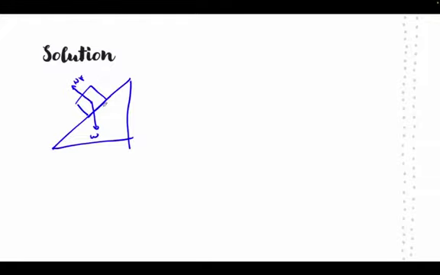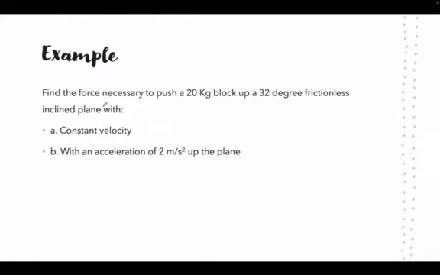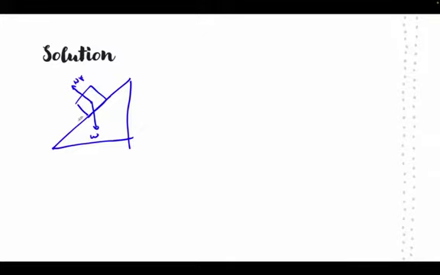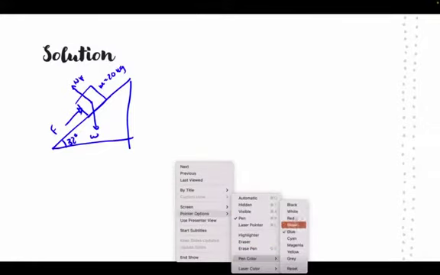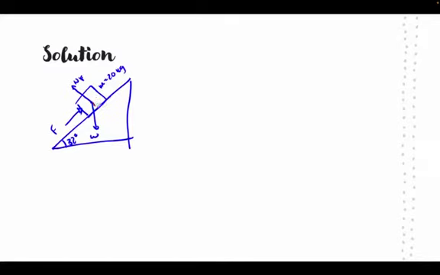And since we are applying a force to push the block up the plane, we have an applied force. The angle is 32 degrees, the mass of this block is 20 kilograms, and there is no friction. The first thing we're going to do is our free body diagram. We already have here W, and we have here Wx.